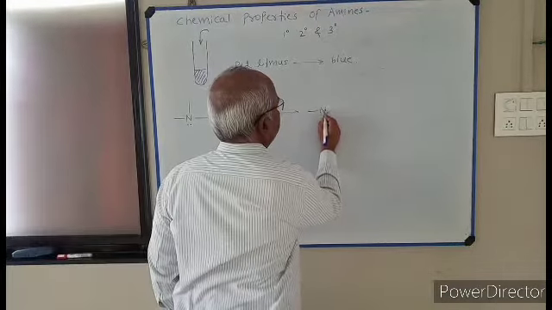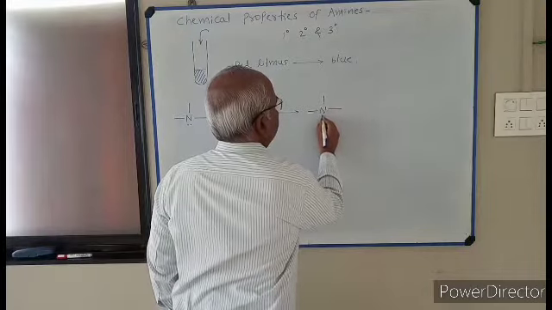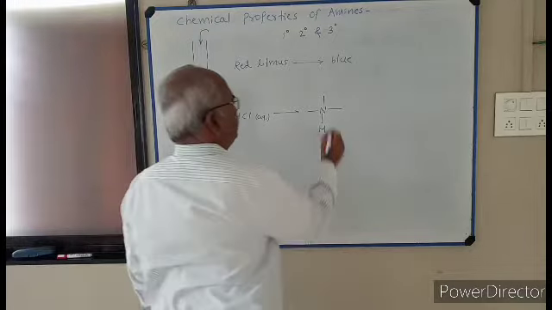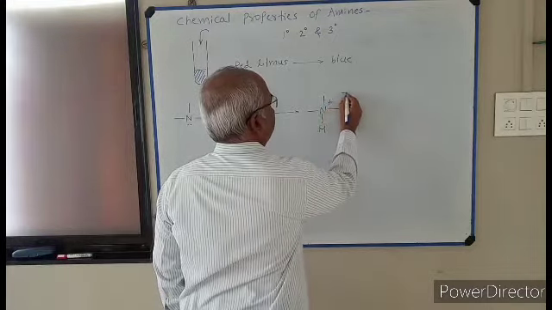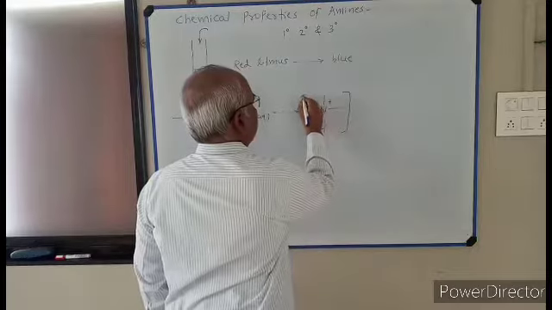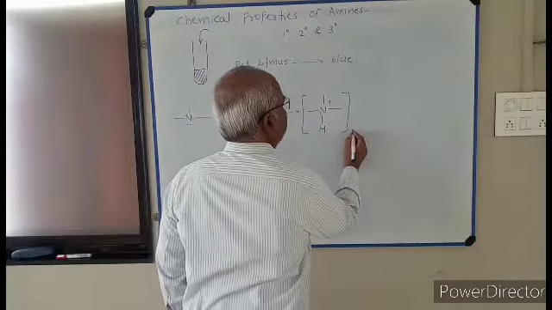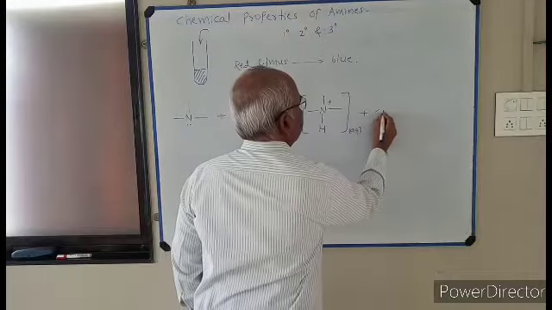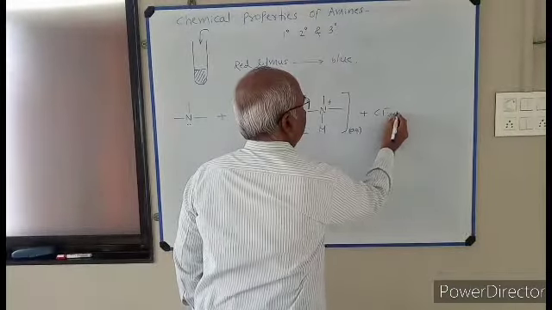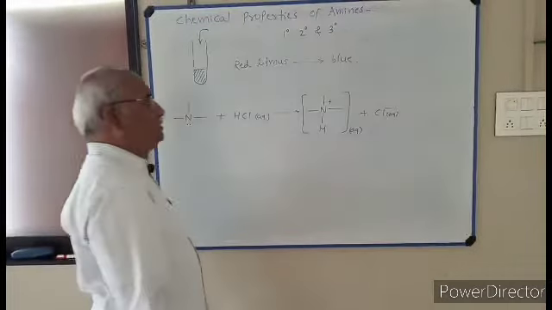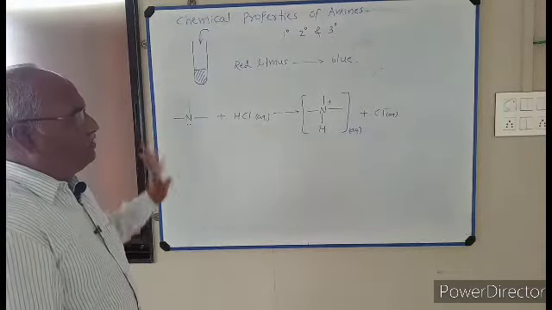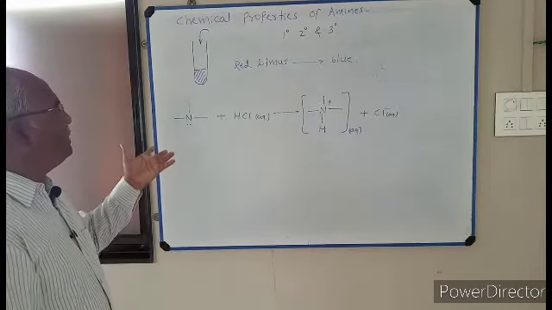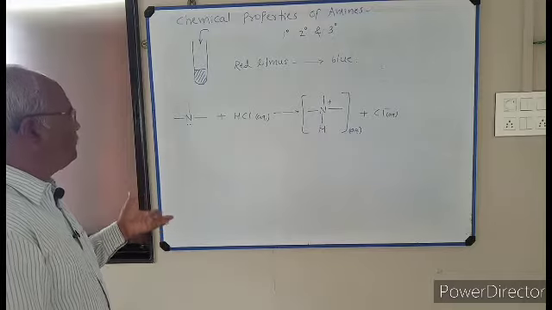Here I write N. Here proton from acid, H plus. This is ammonium ion. I write here aq plus, Cl minus aq. This is the laboratory test used for the detection of water insoluble base.